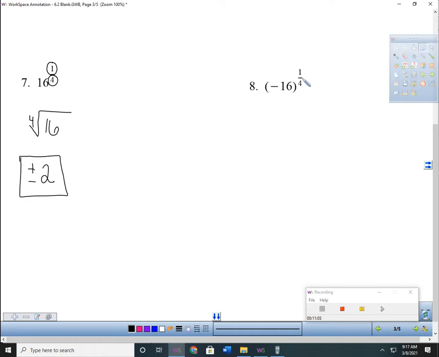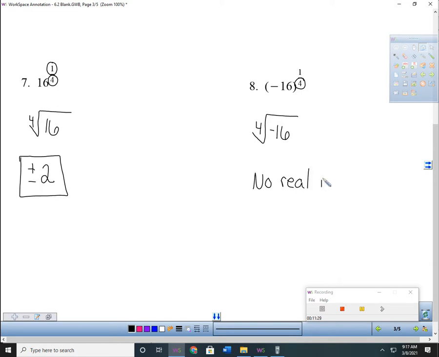Okay? Number 8, you have an even root of 4. And this is negative 16 to the first, so that's just negative 16. So when you have an even root, what should you not have under here? A negative, because that gives you no real roots. You don't have any, so no real roots.